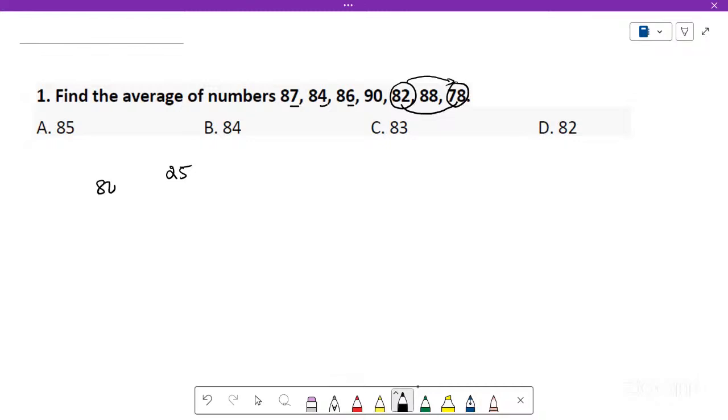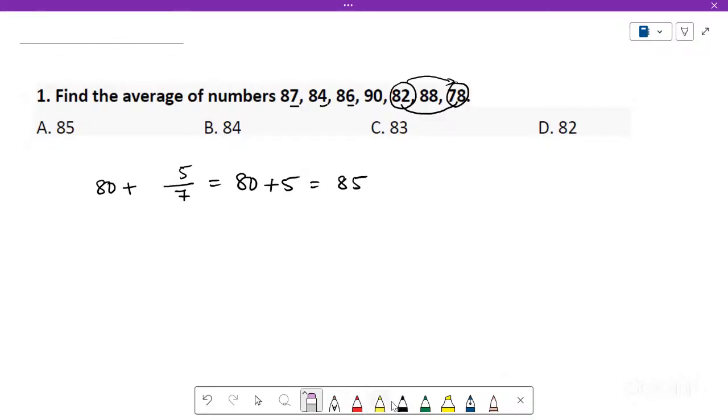Just 25 you will have to divide by 7 to get the answer. 25 divided by 7 is 3.27, which is 35, sorry, is 35. So answer is 80 plus 5, 85.